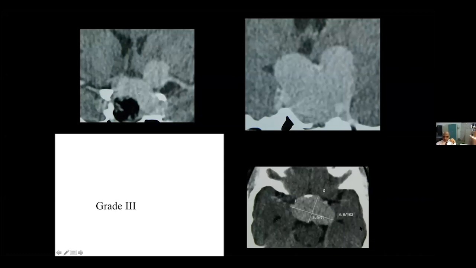If you take a cut section, you feel one tumor, but part of this tumor is within the dural confines of the cavernous sinus. Cavernous sinus is an extradural entity, and this tumor remains in an extradural compartment.